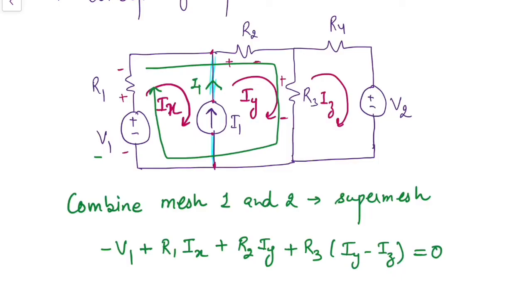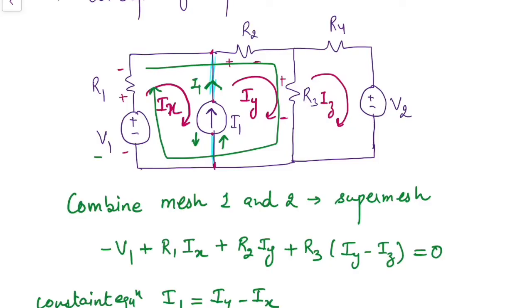So the resultant current in terms of mesh currents should be equal to I1 and in the same direction. Iy is in the same direction, Ix is in the opposite direction. So the resultant current is Iy minus Ix in the same direction as I1. So this is the constraint equation.